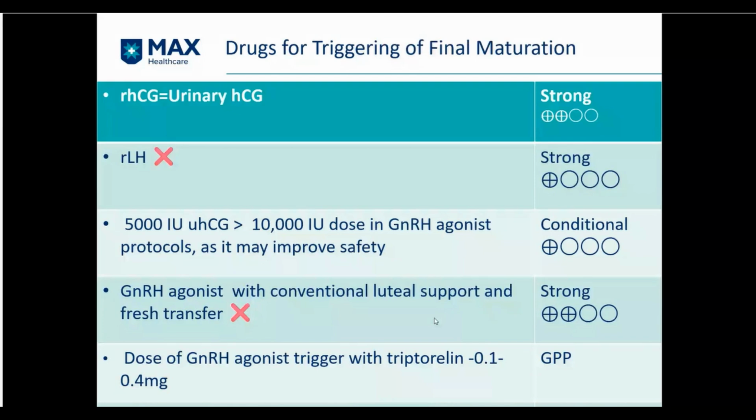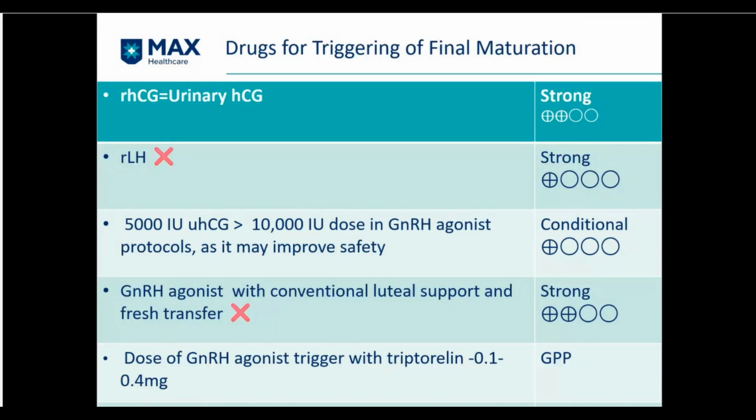And if at all we have to give GnRH agonist trigger, especially in the hyper responders where we are going ahead with the freeze all cycle, we give triptorelin. The dosage could be varied as low as 0.1 to as high as 0.4 milligram. It is a good practice point. And addition of GnRH agonist to HCG as a dual trigger is not recommended.